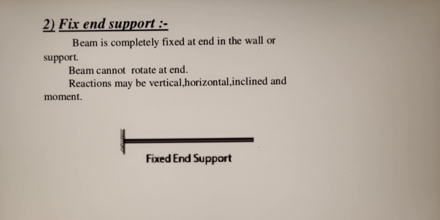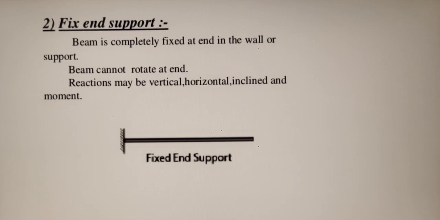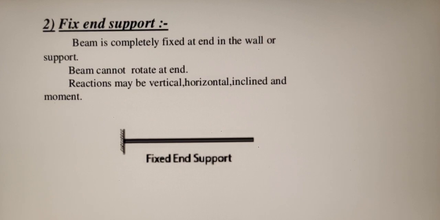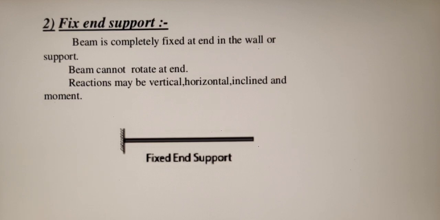The second one is a fixed end support. Here the beam is completely fixed at the end in the wall or support. In the figure you can see the left end is fixed to a wall or a support. Here, when the end is fixed, the beam cannot rotate.